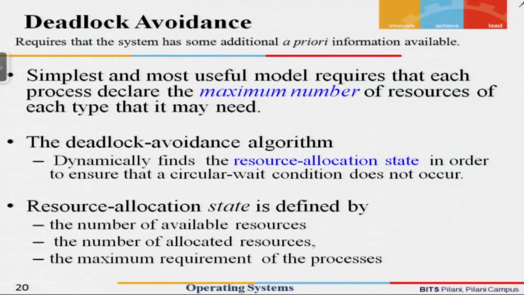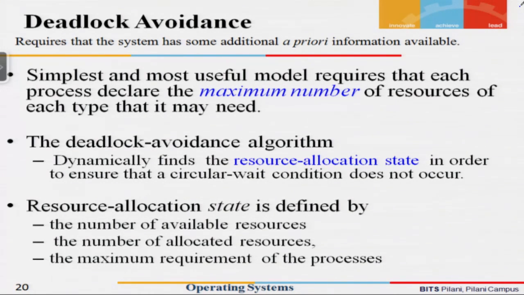As I just mentioned, for us to be able to avoid the deadlock, we would notice that there is certain additional information required to be known a priori.